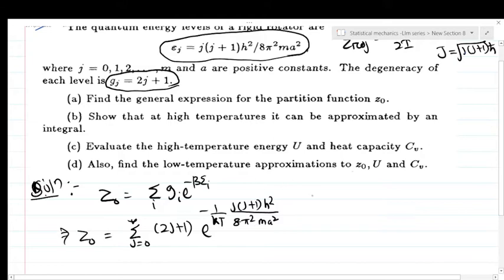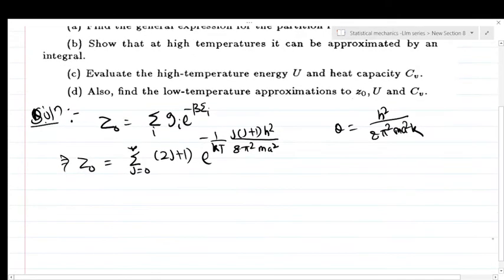For the sake of convenience, let theta be equal to h squared by 8 pi squared m a squared k. Then the term will reduce to (2j plus 1) e to the power minus theta j(j+1) by T.